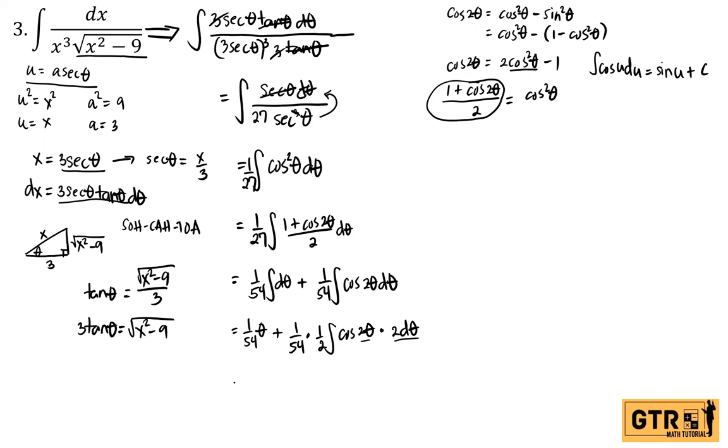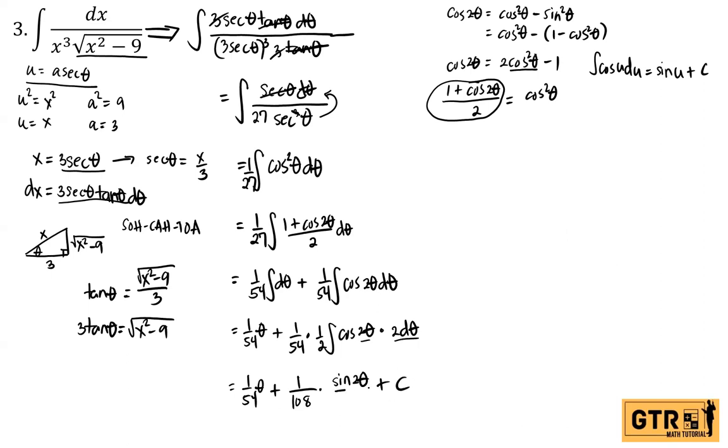So therefore, this is now equal to 1 over 54 theta plus 1 over 54 times 1/2, that is equal to 1 over 54 times 2, that is equal to 108, and then times, apply this cosine u du, and that is equal to sine u. Our u is 2 theta, so therefore we have sine 2 theta plus c. But we will simplify this.